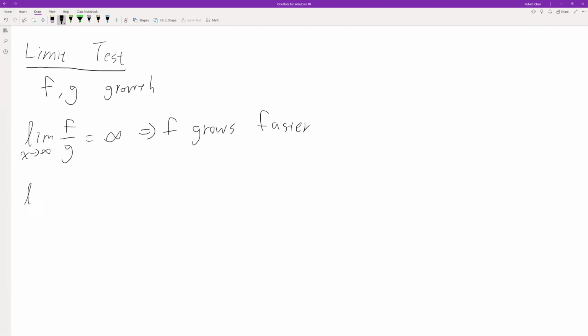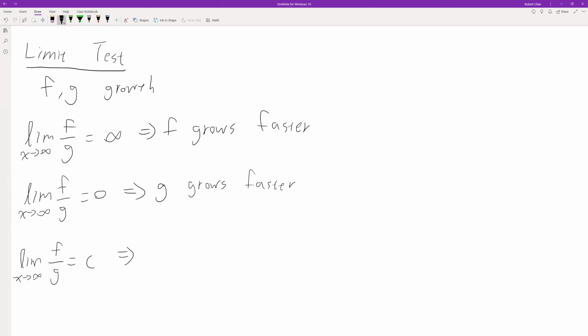Now, if you take the limit of f over g and it's equal to 0, then in that case, we say g grows faster. Right? And if you get some constant from the limit, then we say that f and g grow at the same rate.